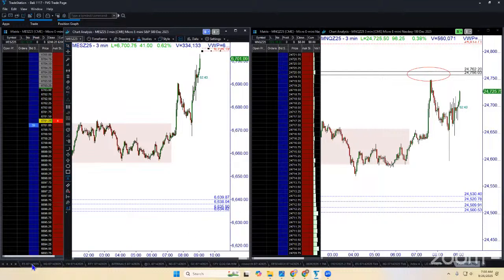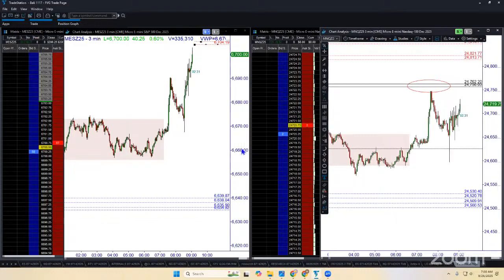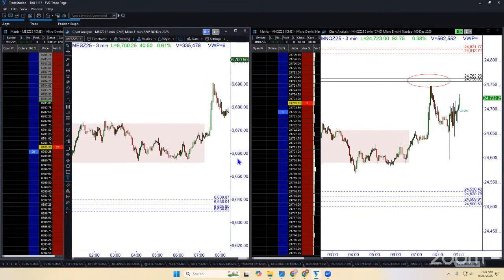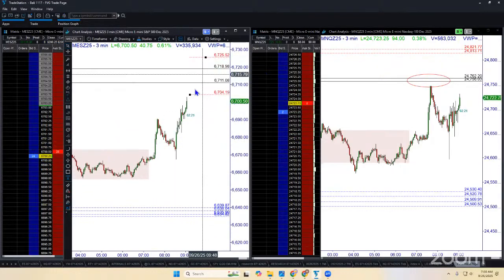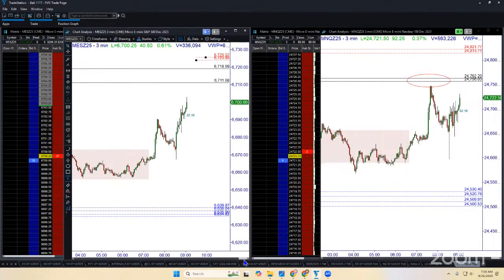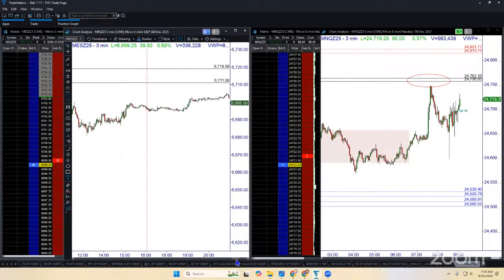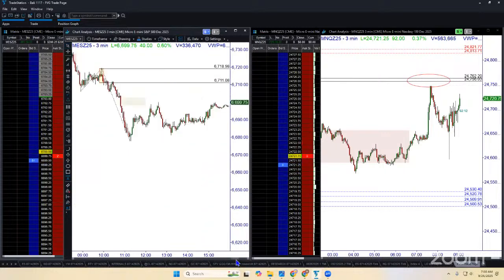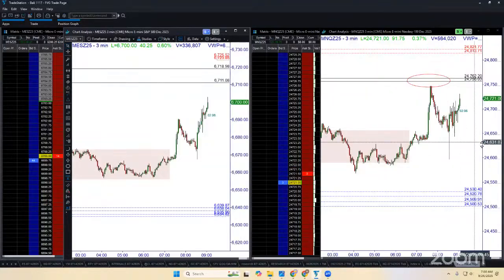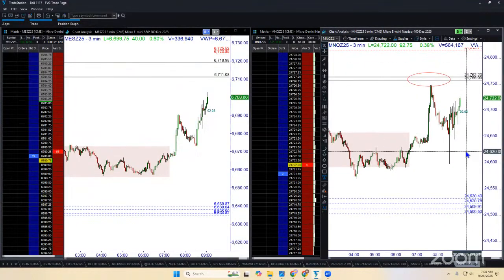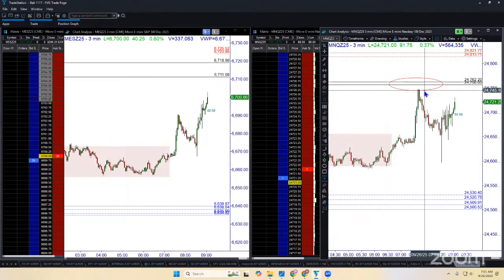Let's get back out to our larger time frames. Yeah, I'm just kind of waiting at the moment.